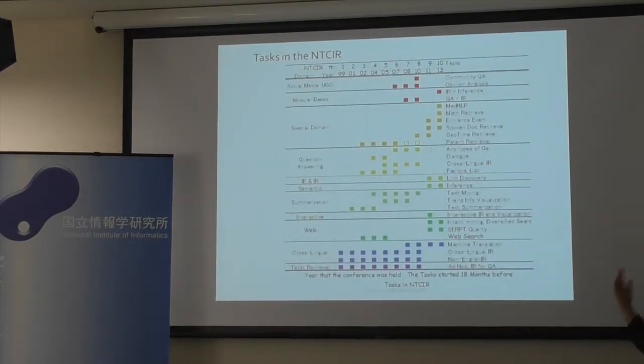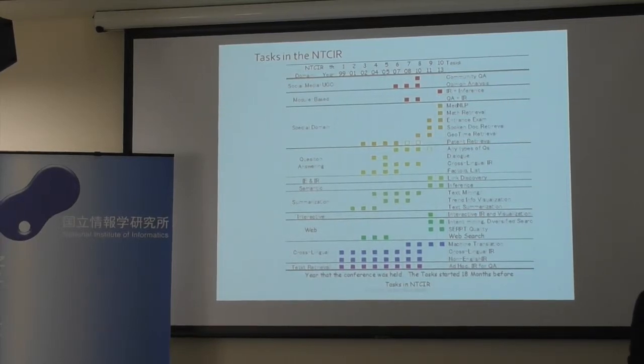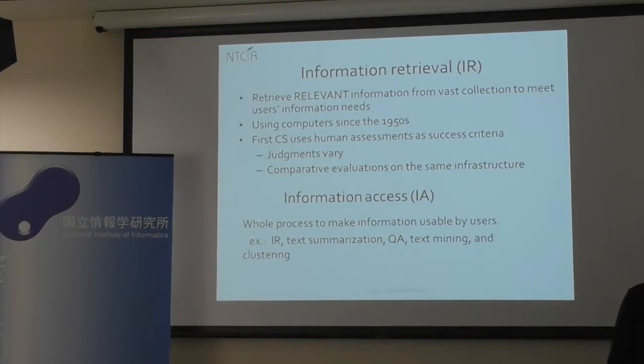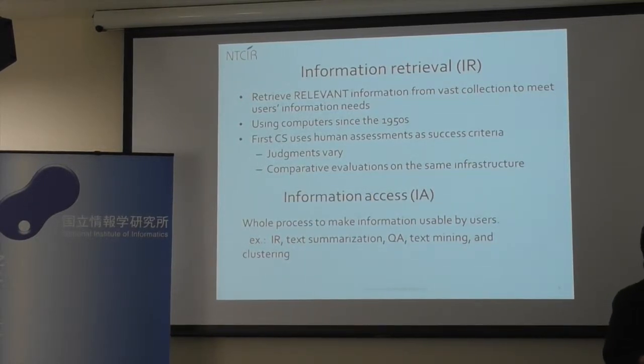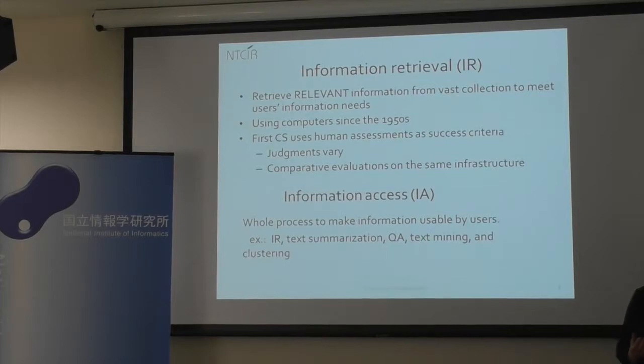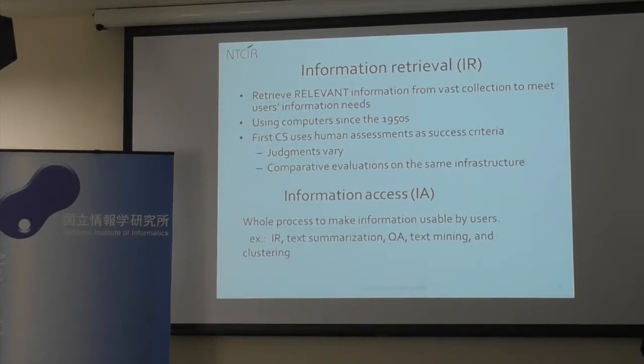That is our overview of the tasks we have done so far. Information retrieval means retrieving relevant information from a document collection to meet users' information needs, and it has been studied in computer science since the 1950s.